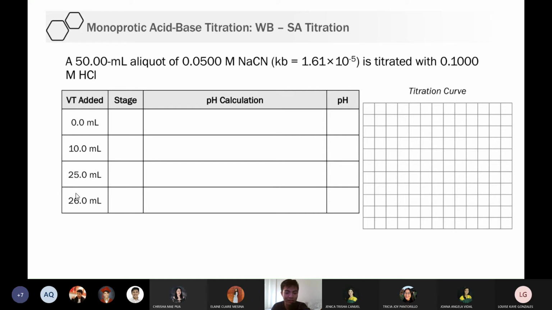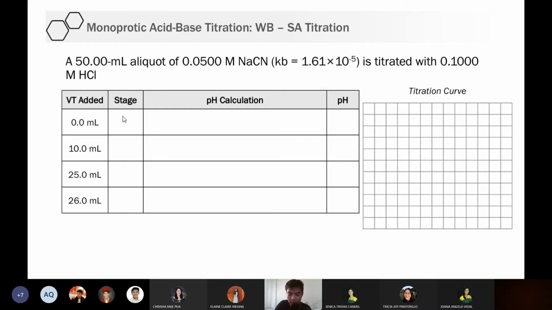Shortcut. Pero para mas sure, i-calculate nyo na lang, pero better kung kaya nyo na rin siya i-imagine sa isip. 5 times 5 divided by 1.25. So, ibig sabihin, 25 mL yung sagot.